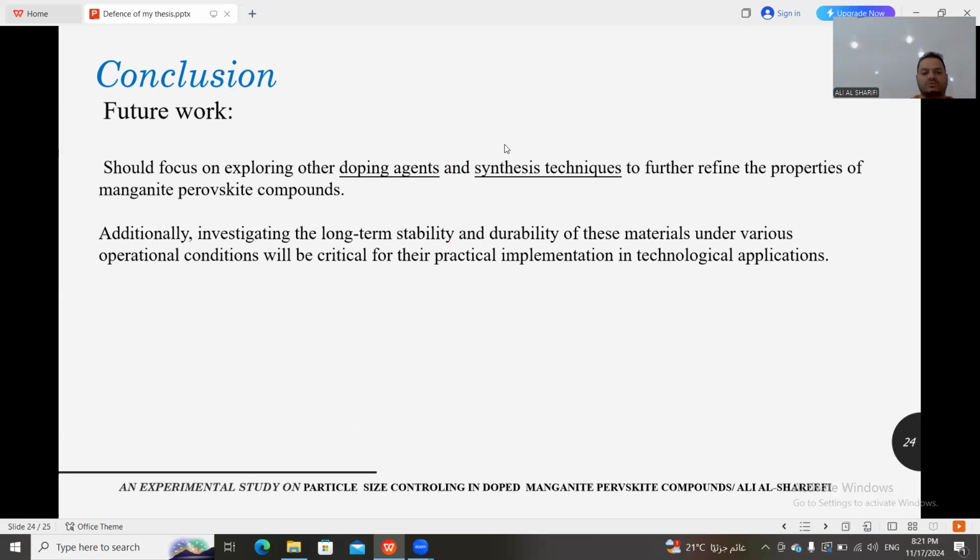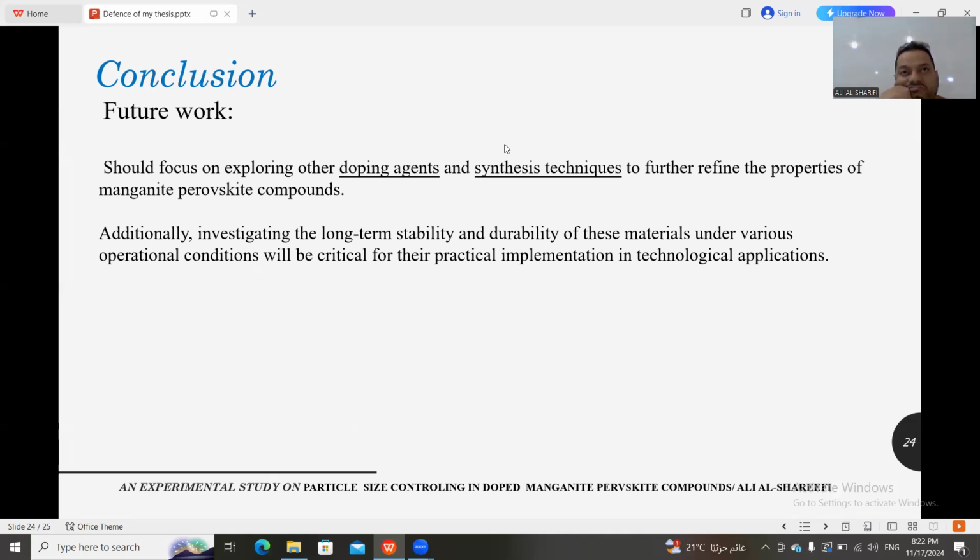Talking about future work, it should focus on the synthesis process. Like I said before, if I prepared my research again, I would work on sol-gel, but with Pechini. I think it's interesting because it has less sensitivity to moisture, so there's no need to use aluminum foil to protect my structures.